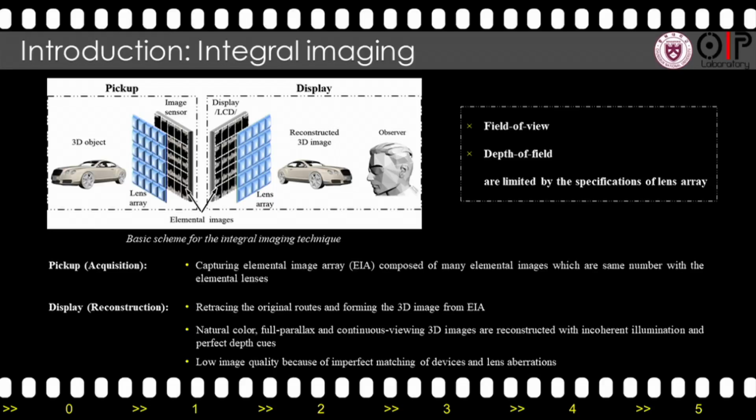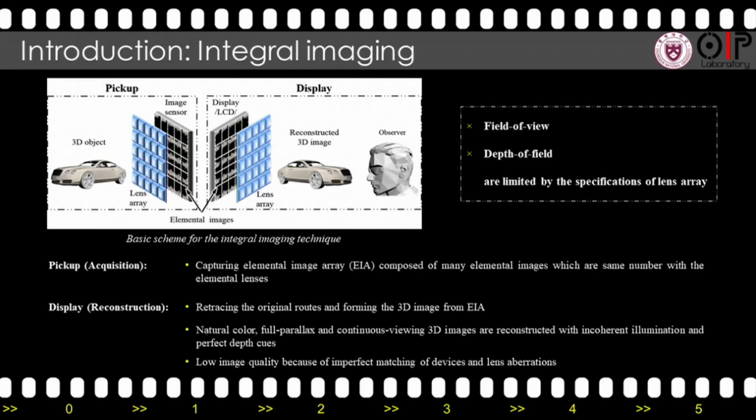But the spatial parameters, such as the field of view and depth of field, are limited by the specification of the lens array. And one of the biggest issues is the low image quality caused by the imperfect matching of the optical device and the aberration of the lens array.